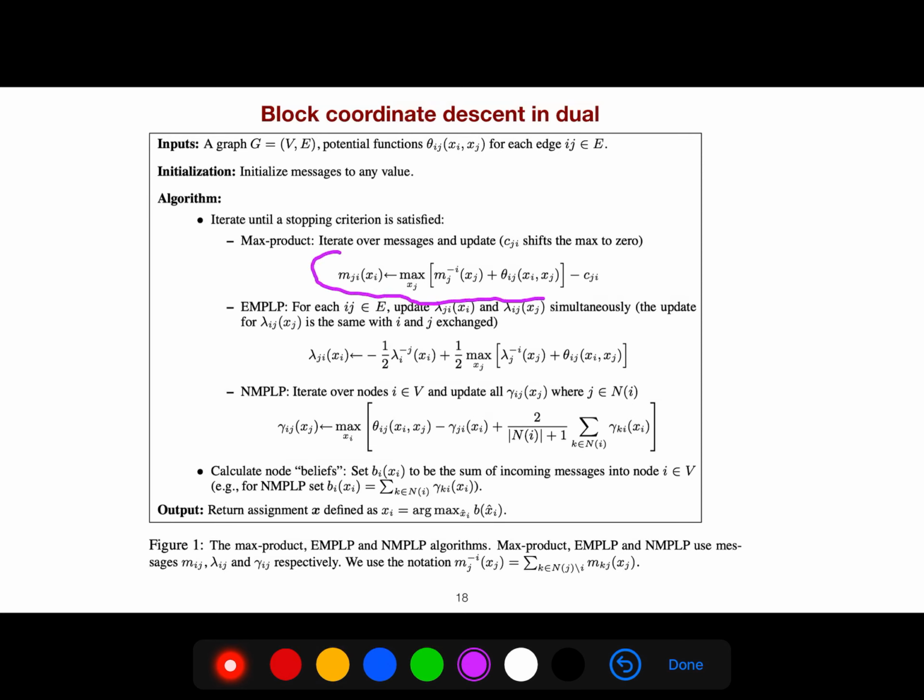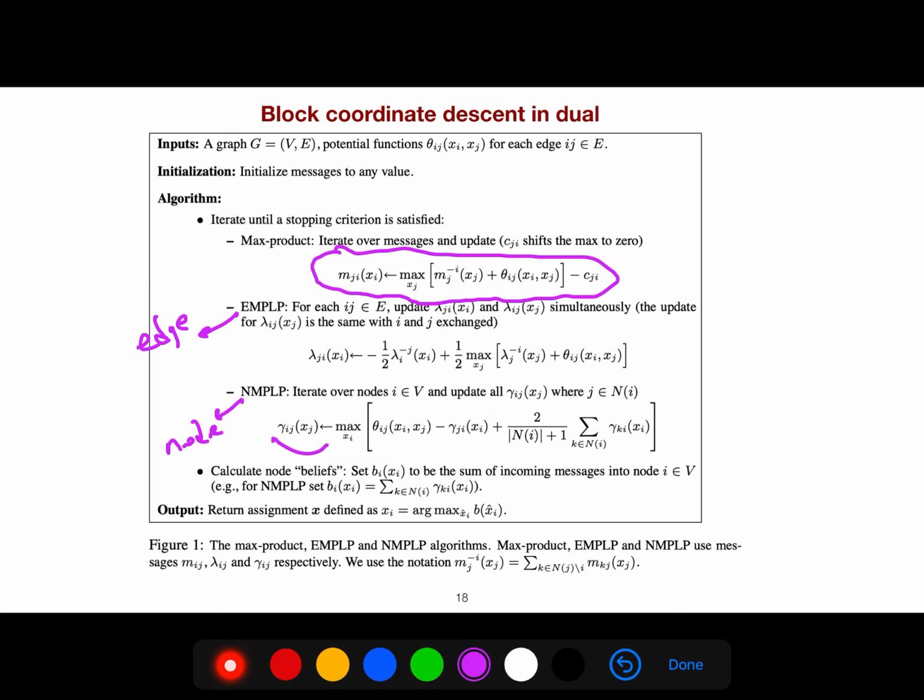So we are iterating, you know this very well. In EMPLP, E stands for edge, and in NMPLP, N stands for node, and this is edge. For edge MPLP, we update the lambda, and we update them simultaneously. And for the node MPLP, iterate over nodes.